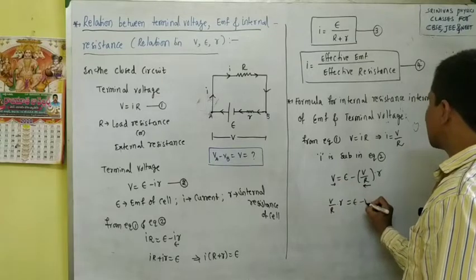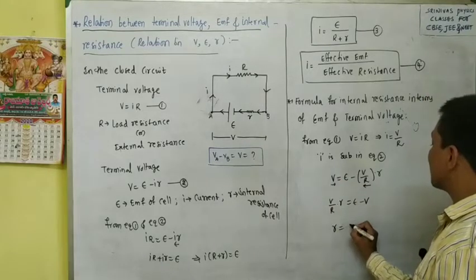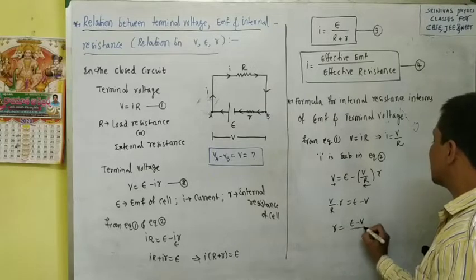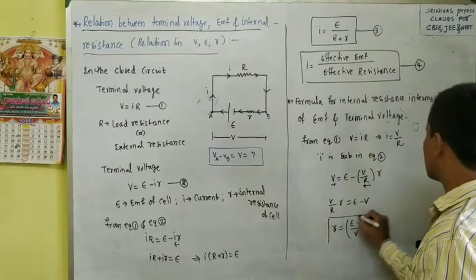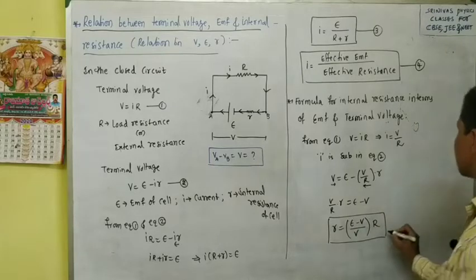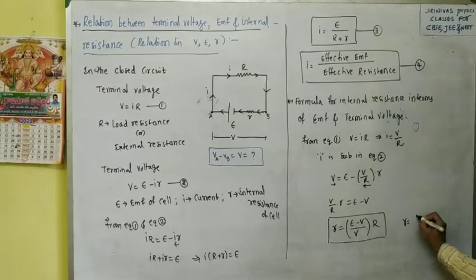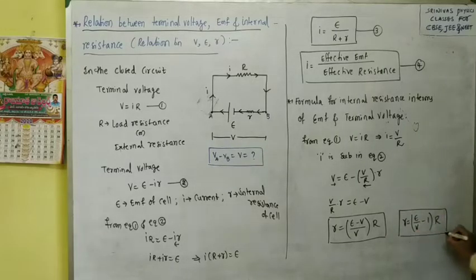Then we will get E minus V. I want the small r formula. Okay, r is equal to (E minus V) by V into capital R. This is the formula for the internal resistance. And this we can also write as (E by V minus 1) into capital R. Okay, and this is equation 5.